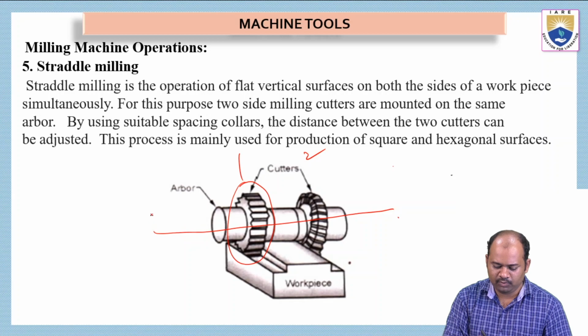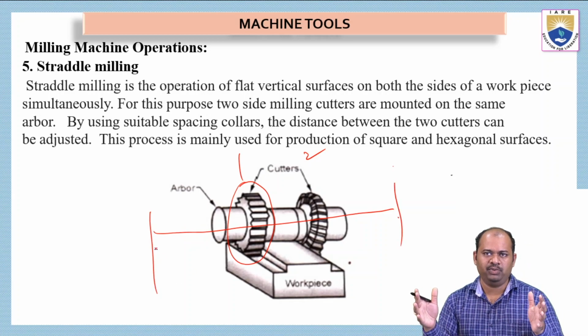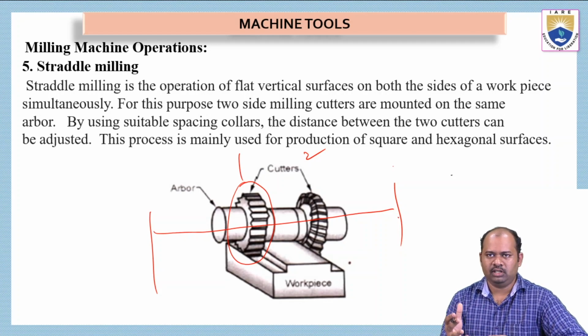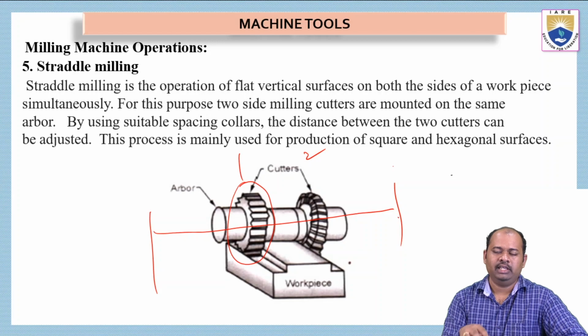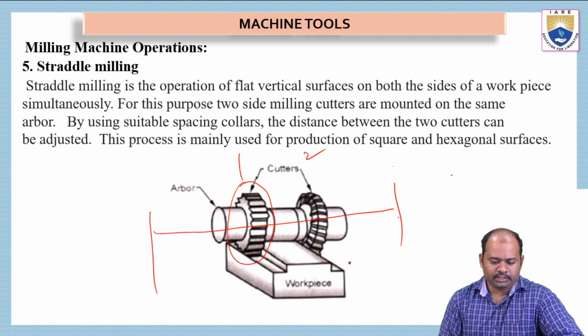They can go up to the extreme edges of the spindle, or they can go as close as the togetherness of the cutters. So these are some limitations, and this is only applicable in particular types of applications. So this is straddle milling.